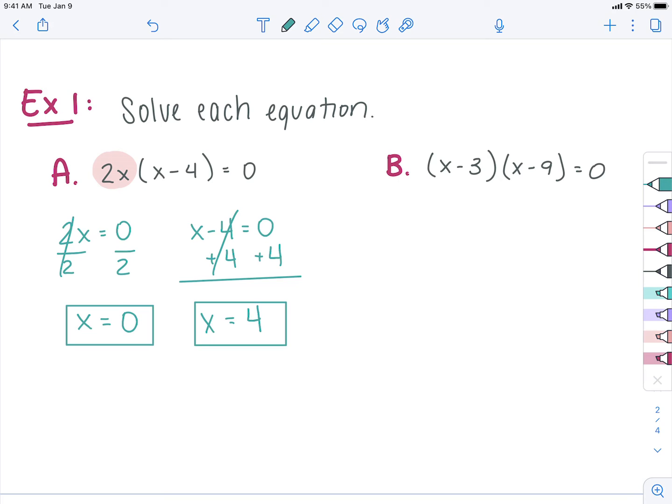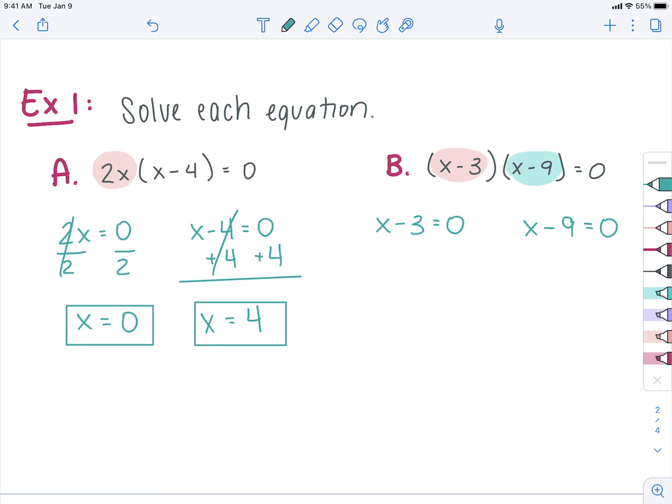So now if I'm going to do B, I just have to take my 2 sets of parentheses and set them both equal to 0. I'm just going to take my first set, x minus 3, and say x minus 3 equals 0. And then I'm going to take my second set and say x minus 9 equals 0.